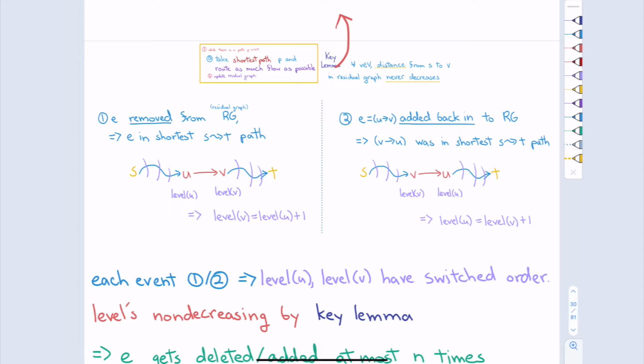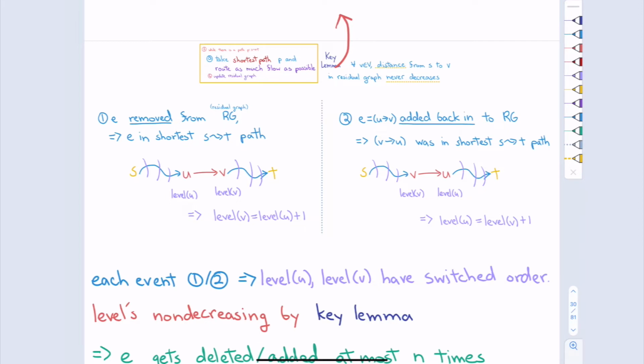So at that point, B was right after A. And later, if point A to point B reappears in the graph, I know that in the previous iteration, it was in the shortest path, so B was right before A. So every time an edge disappears and reappears, as we use up all the capacity, and we get back capacity from using the opposite direction, that implies that A and B switch relative order to each other. Sometimes A is closer to S, sometimes B is closer to S. But because the distances never go down, every one of these reversals implied somebody has gotten farther away.